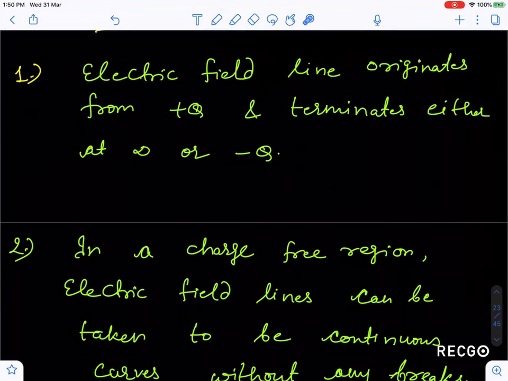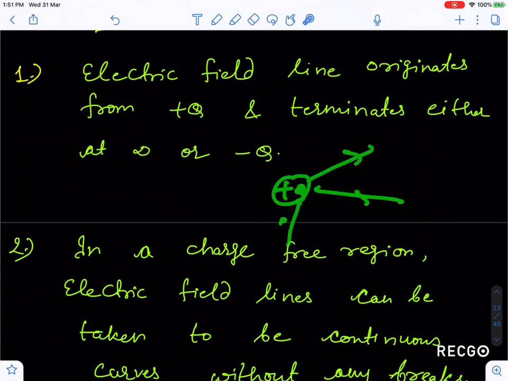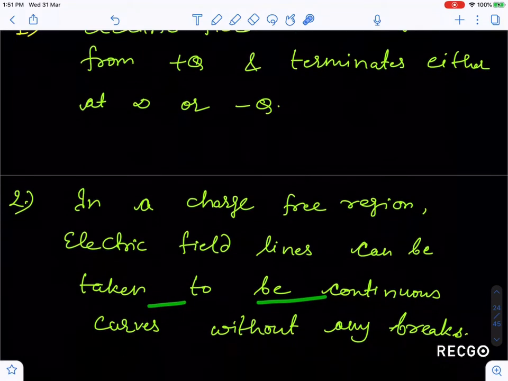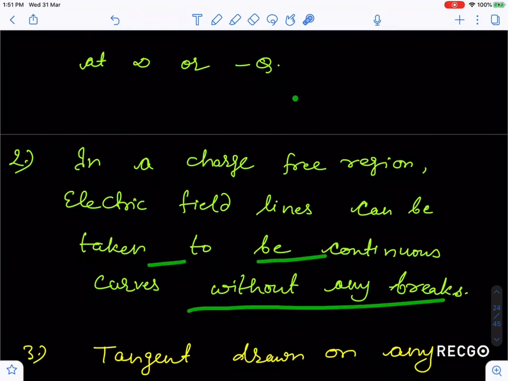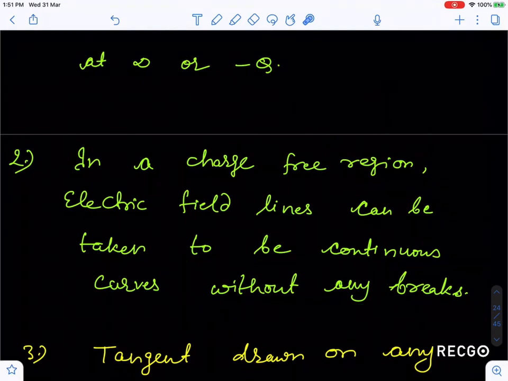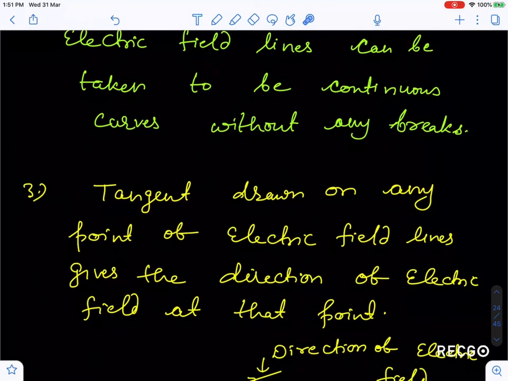Now guys, in a charge free region, means if there is only one charge q and no other charge, in charge free region, electric field lines can be taken to be continuous curves without any break. So I have shown earlier, this is a continuous curve without any break guys. Electric field lines in a source free region or charge free region are continuous curves without any break.